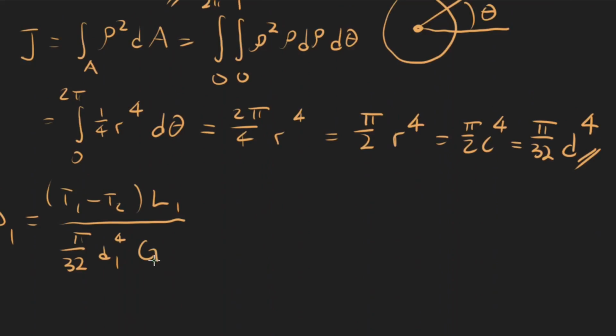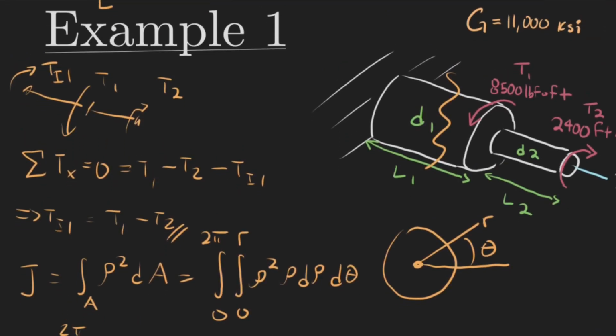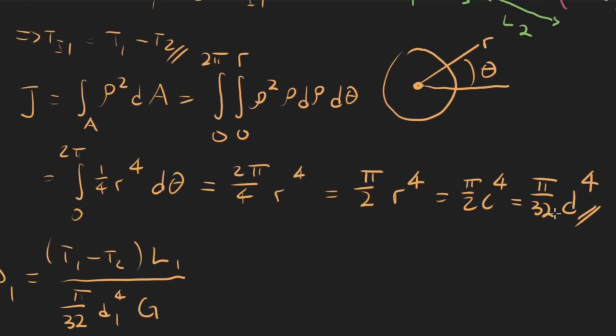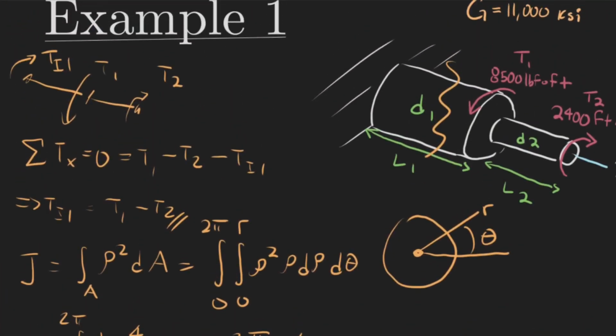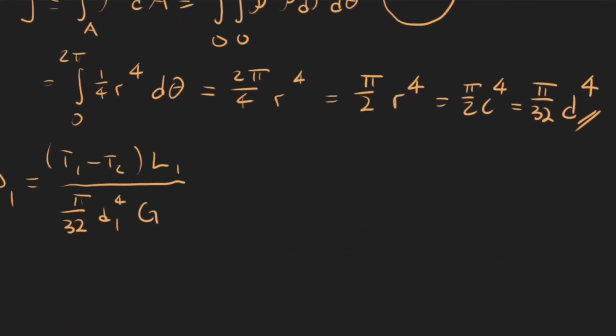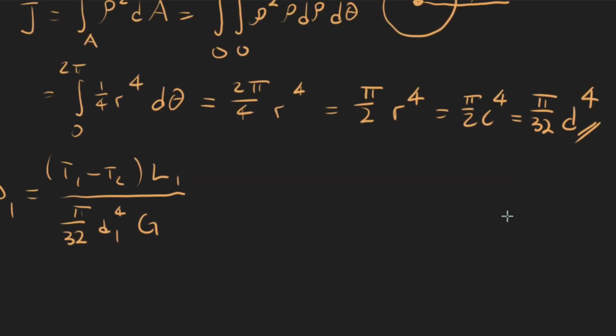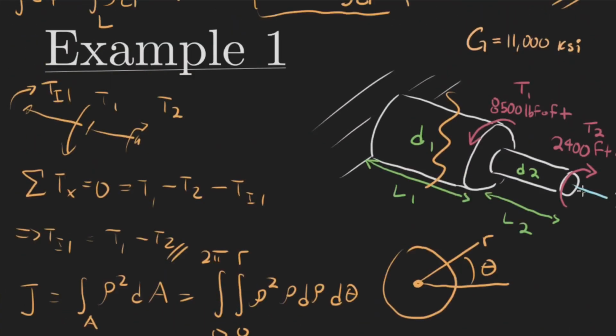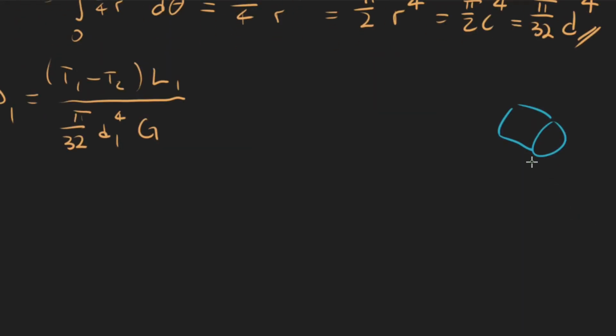And then we'd also need to find our phi for section 2, but notice we've already found our equation for J. We have G, we have L. The only thing that we're going to need is our internal torque. So if we think about this, it's a pretty simple free body diagram. We would just have some section right here on the outside, and we would have this applied torque right here like this.